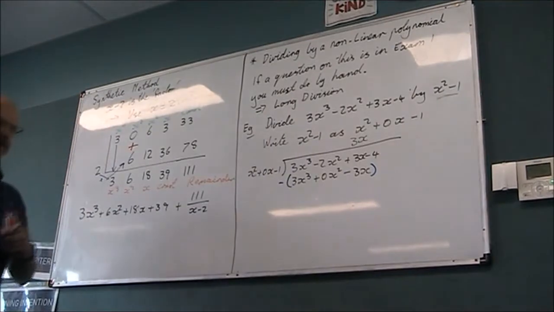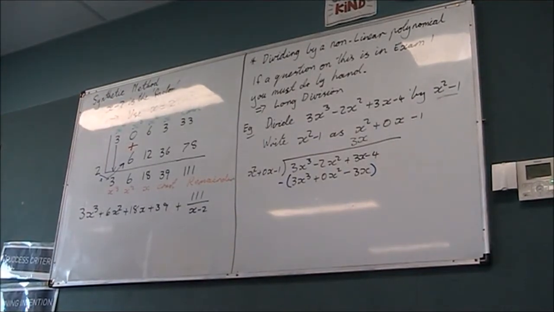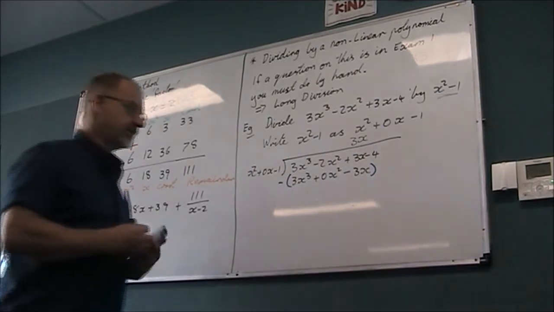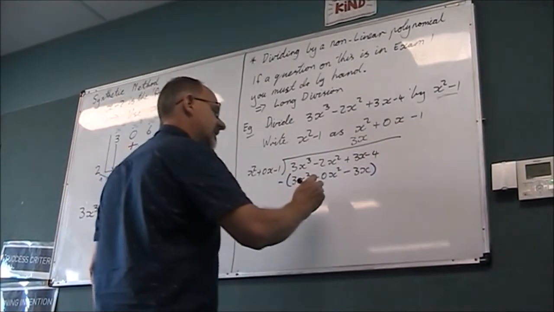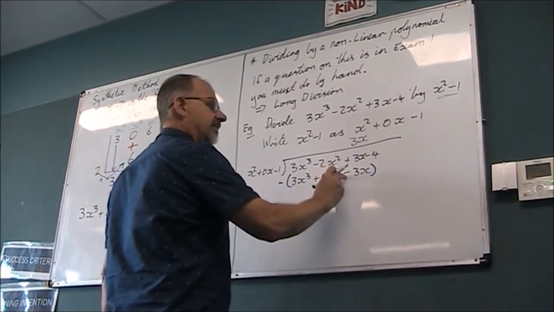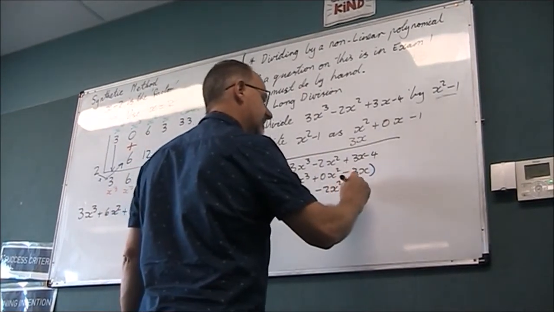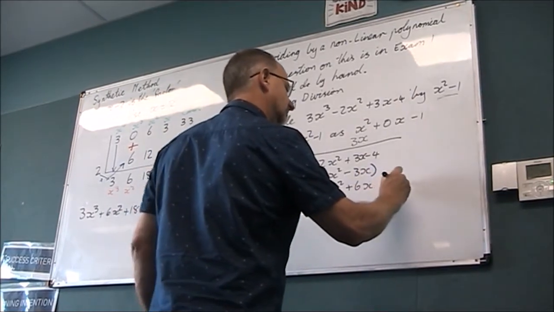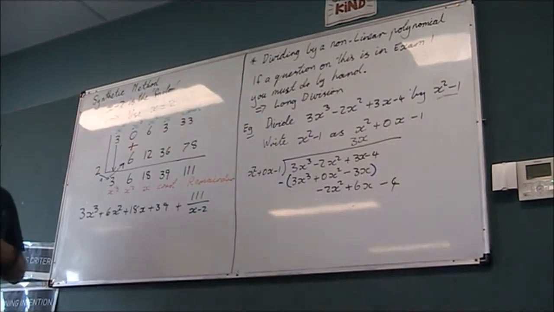And then we take that away. So 3x cubed take 3x cubed is 0, minus 2x squared take nothing is minus 2x squared. Negative and negative is plus, so that's going to be plus 6x. And the minus 4 still there.